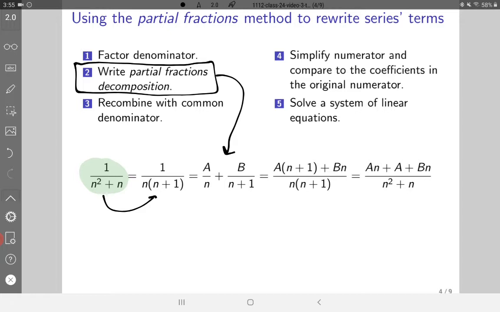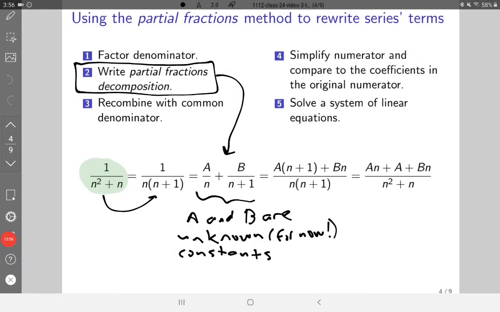Seeing that I have linear factors, the n and the n plus 1 are both linear, then that means I need a term to account for each one of them, and on the top are constants. A and B are as of yet unknown constant numbers. And so that's what I'm saying here.